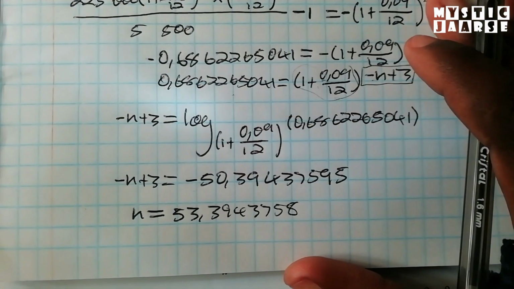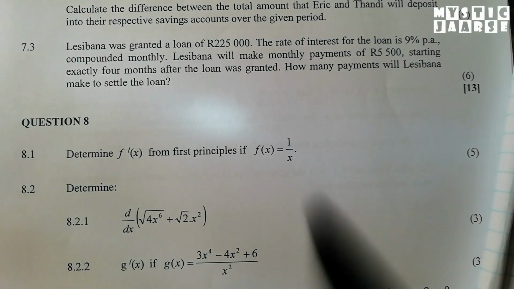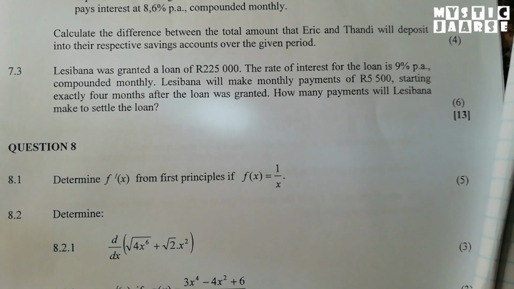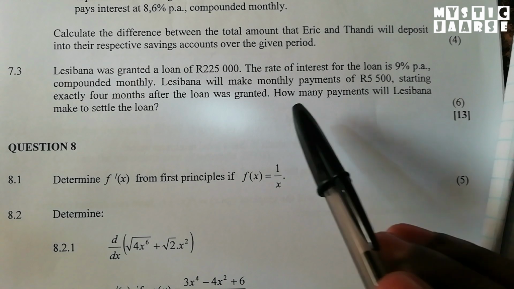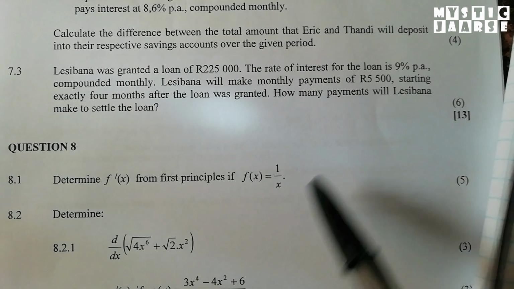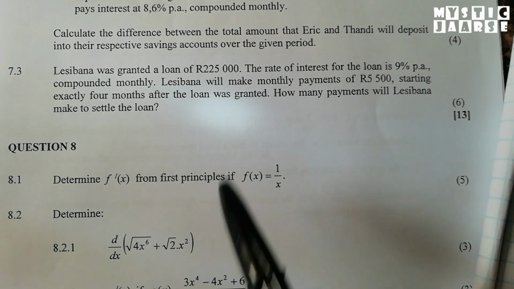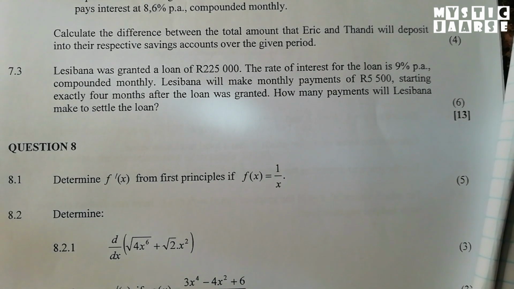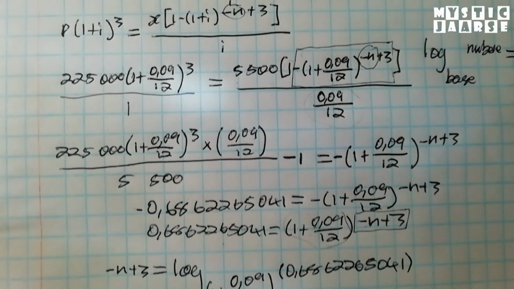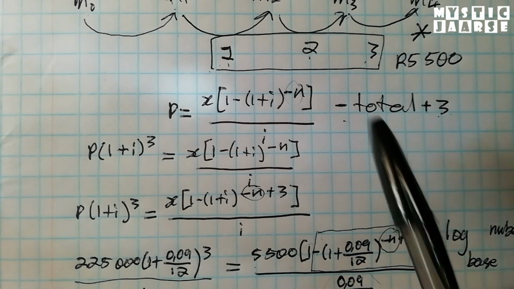So we need to read the question and understand what they're asking for. How many payments will Lesibane make to settle the loan? Now they didn't specify, they didn't say how many payments of 5,500 rands will Lesibane make. So this question is regarding all the payments that will be made. 53 represents the total payments of the equal monthly payments, the 5,500 rands.